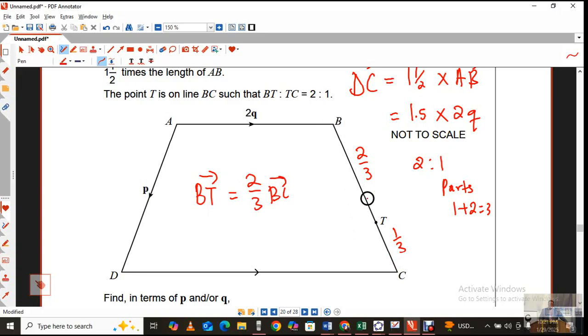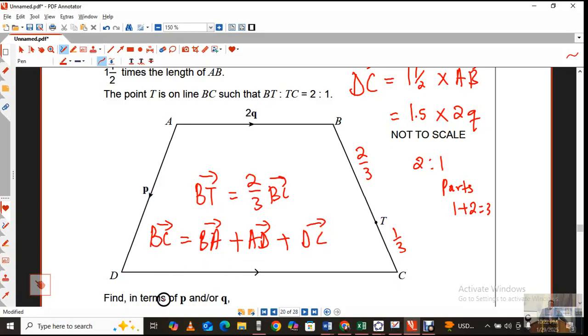But how will I find BC in terms of my Q and my P's? I'll say that BC, think of it as a traveling way. How do you go from B to C? I go BA plus AD plus DC.